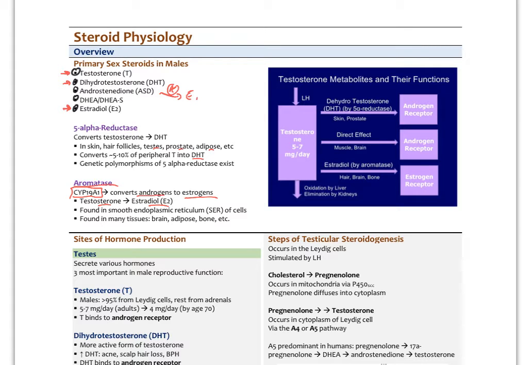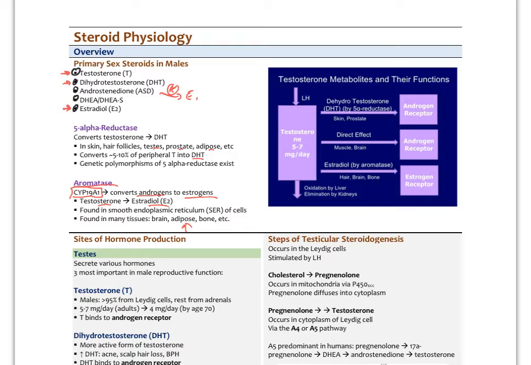This enzyme is found in the smooth endoplasmic reticulum of cells, and it's found in many tissues like the brain and bone, but primarily in men, it's in the adipose. And so the more adipose a male has, the more testosterone he'll most likely aromatize to estrogen, which is not so good. This is why testosterone supplementation in men becomes complex, because if they have a lot of aromatase, they're just going to convert all that into estrogen, which is not so good.